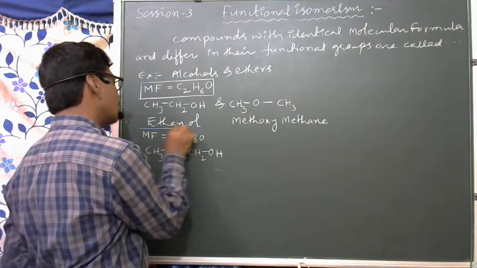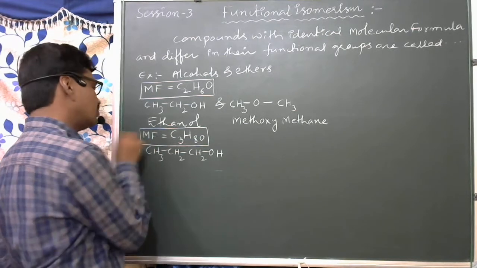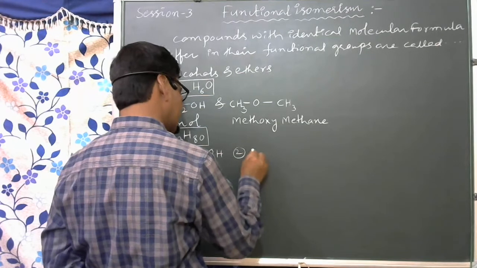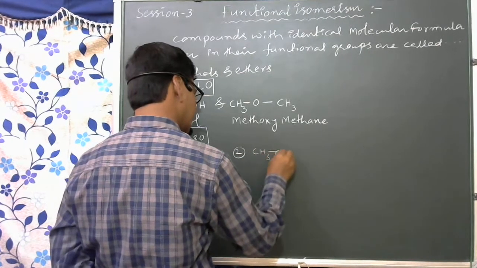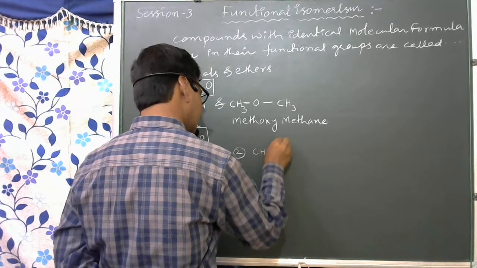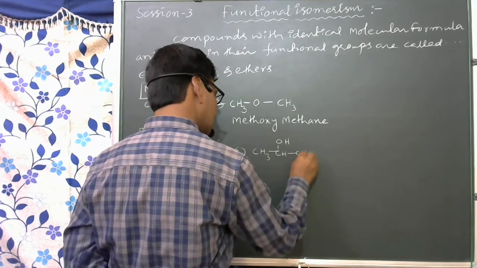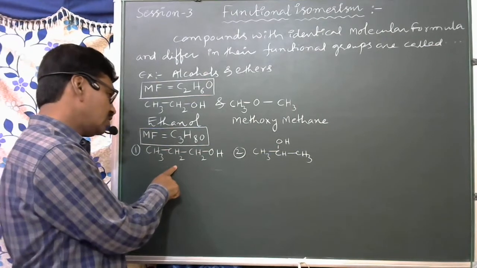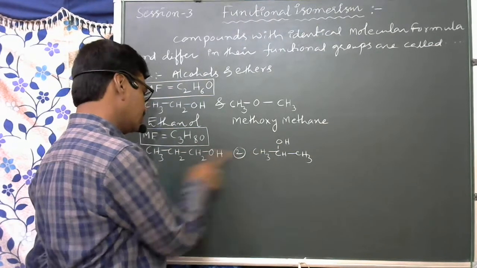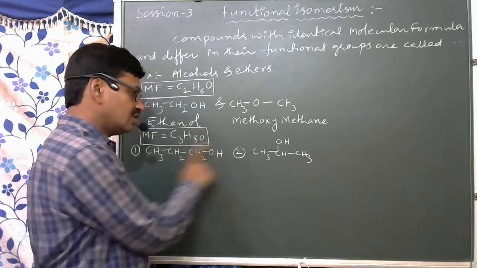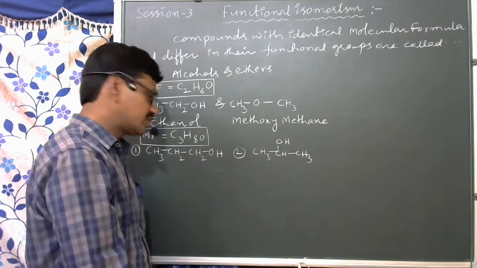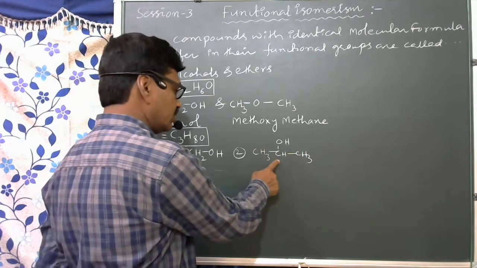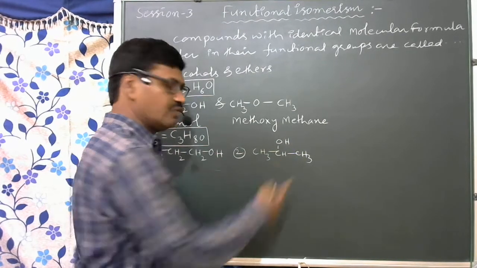This is the molecular formula. For the same, I am writing one more compound here, that is CH3CH(OH)CH3. This is also alcohol. This is 1-ol, this is 2-ol. This is n-propyl alcohol, this is isopropyl alcohol, common names. N-propanol, and 2-propanol, propan-2-ol we can say.